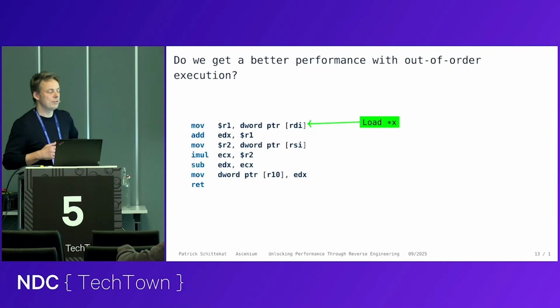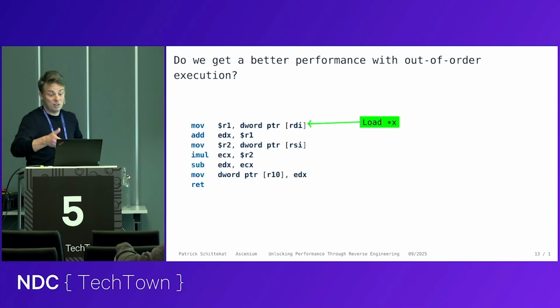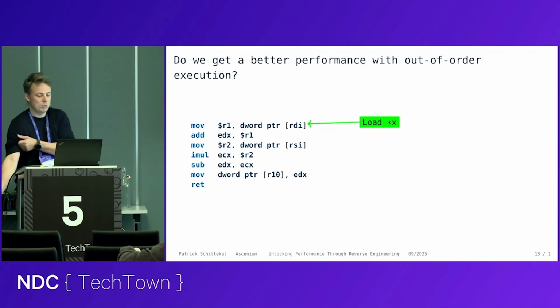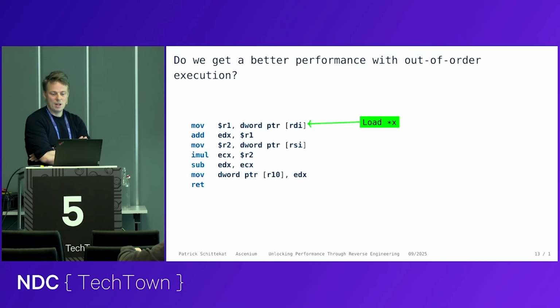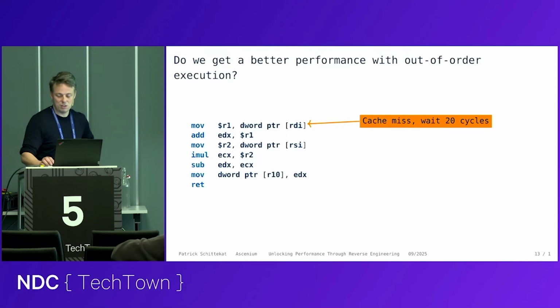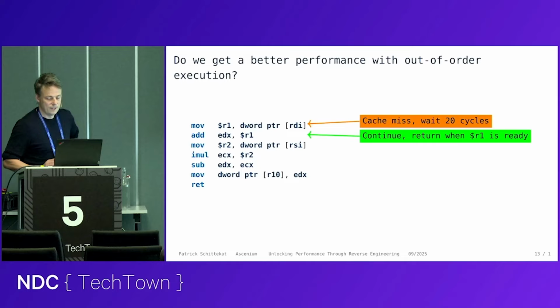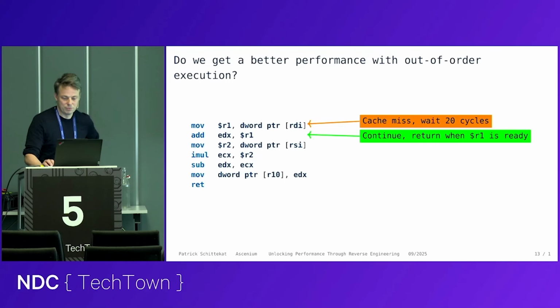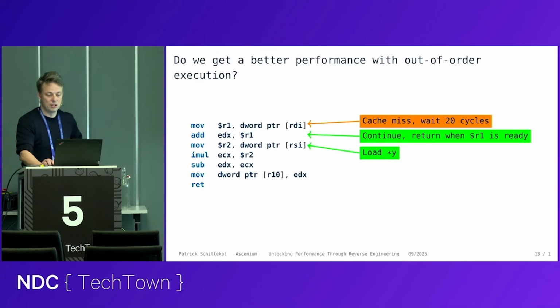What all modern CPUs do, that want to get as much performance out as possible, is that they will do the load. There is again a cache miss, but they can continue. And they return when R1 is ready. So this one they can't do, but they can do this. They can start another load and it's overlapping.